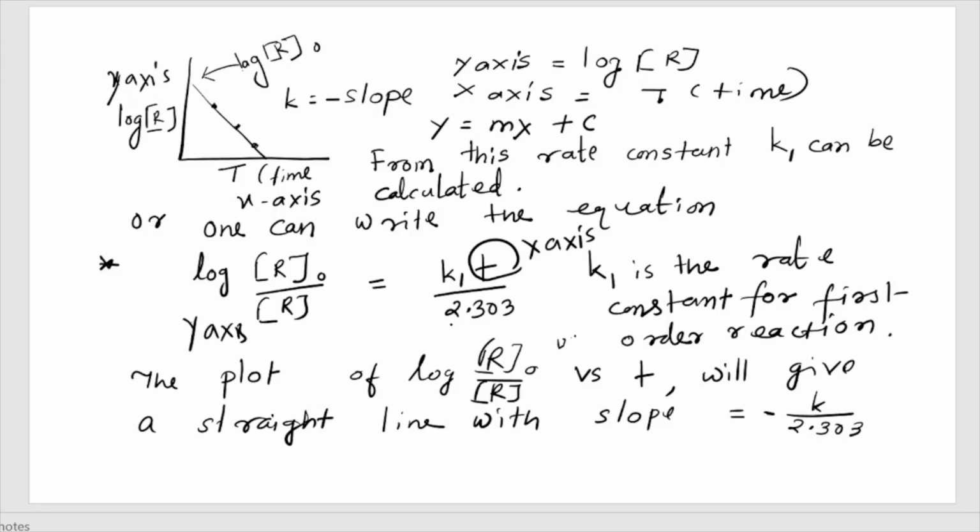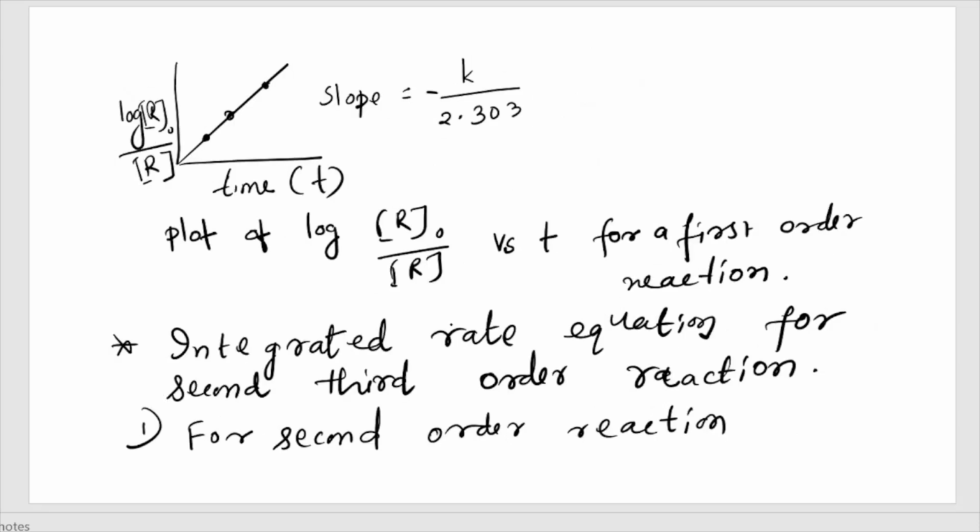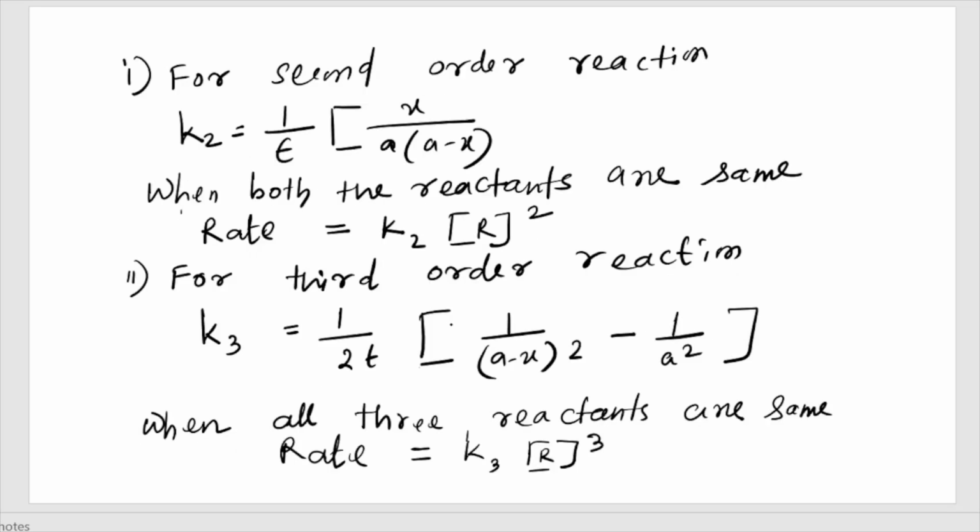So this is the first order formula and concept you should remember. Then the integrated rate equation for second and third order, though it is not so important, you should know. If you like, you should know, or if you face difficulty, don't remember. It is your choice. And this is k2 equal to 1 by t times x by a minus x.